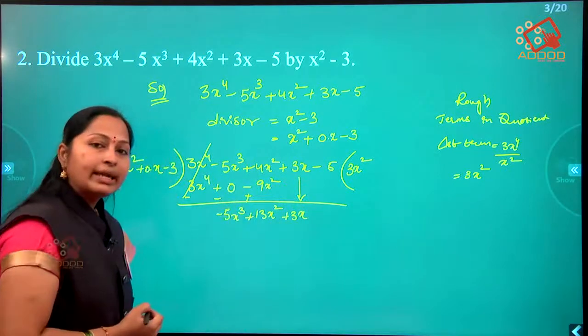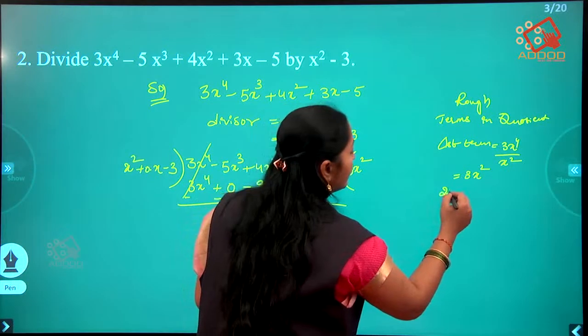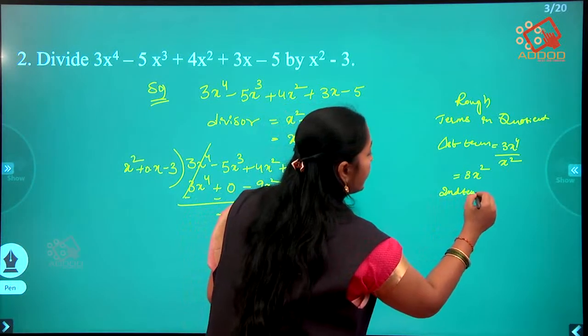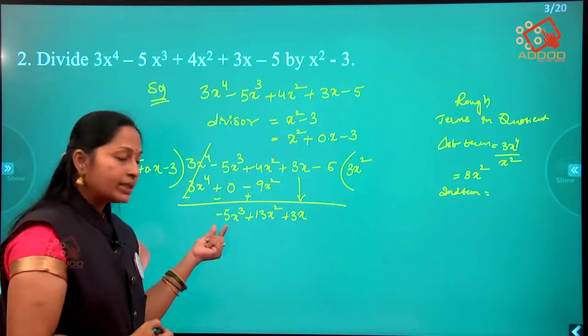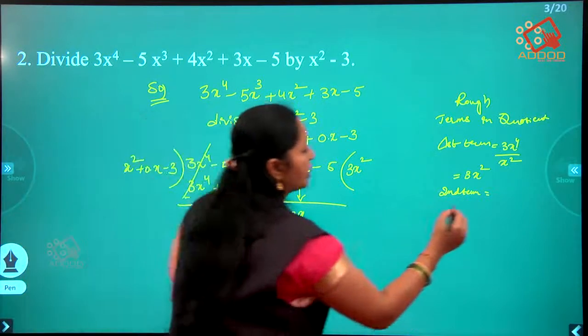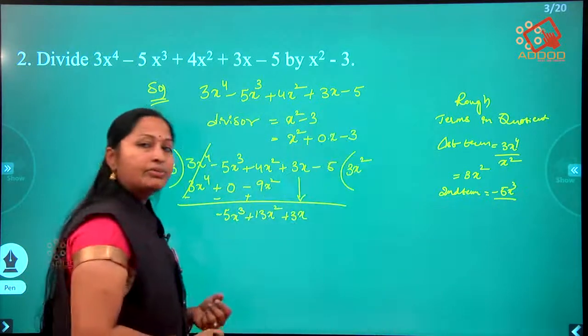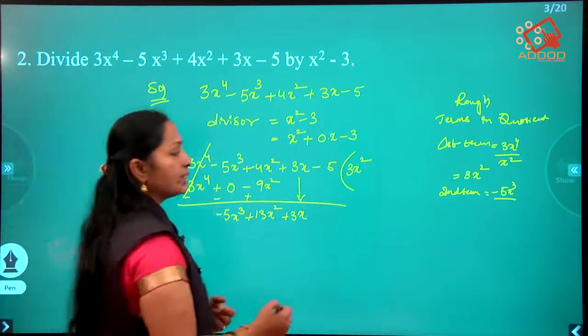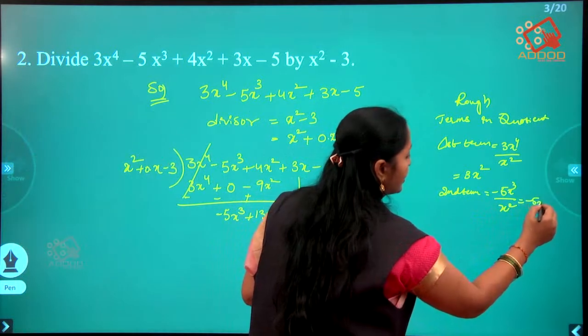Now we want the second term in the quotient. So for the second term also, take the highest power term. What is the highest power term here? Minus 5x cube. Minus 5x cube divided by the highest power term in the divisor, x square, is minus 5x.